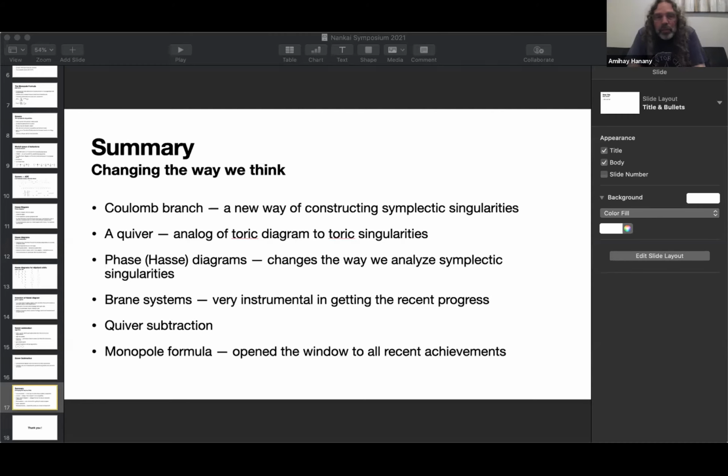Indeed, the way we first saw this construction of symplectic singularities was using the Coulomb branch of a 3D gauge theory, but now it has gone way beyond that.